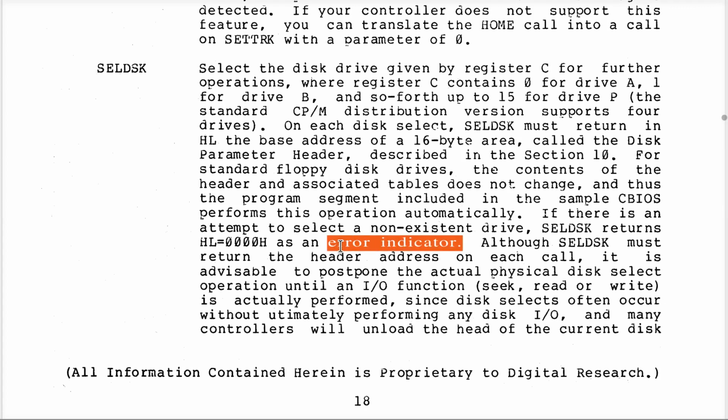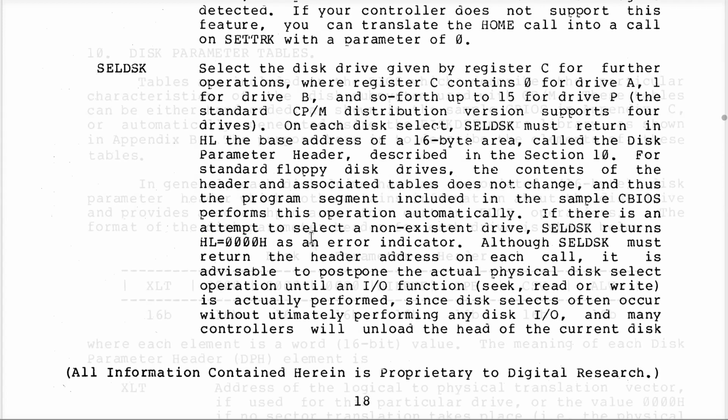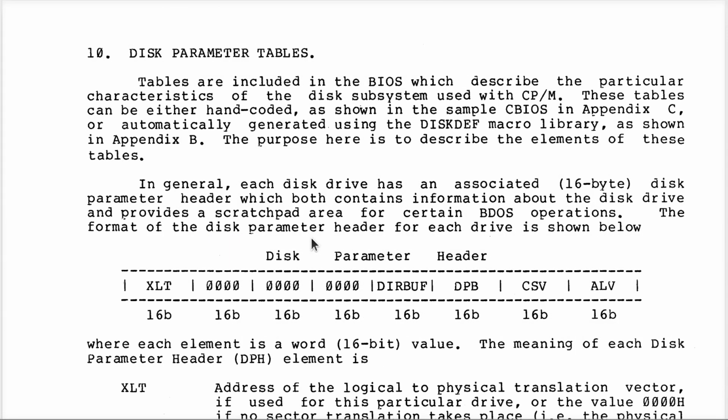It is in error. So in order for us to actually have a disk and do some I/O and talk to what we hope will be the SD card at some point, we need to return the address of this disk parameter header in the HL register. Now, the disk parameter header is one of the items defined in this section 10 over here called disk parameter tables.